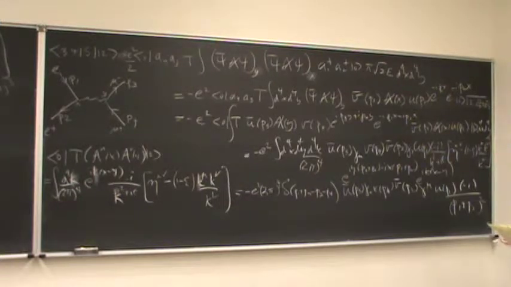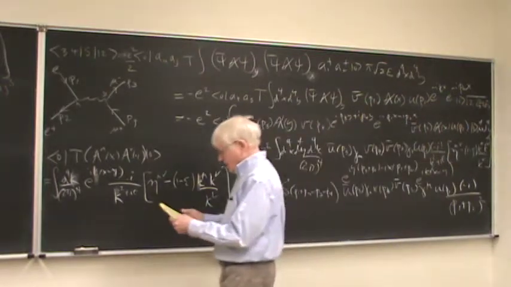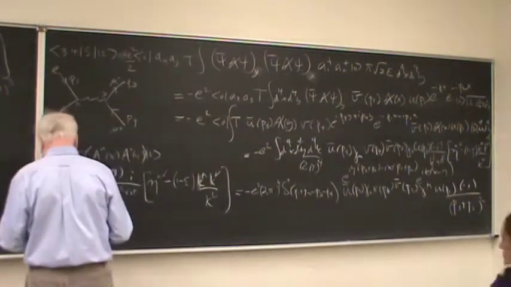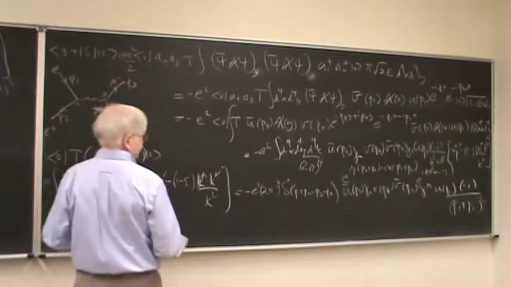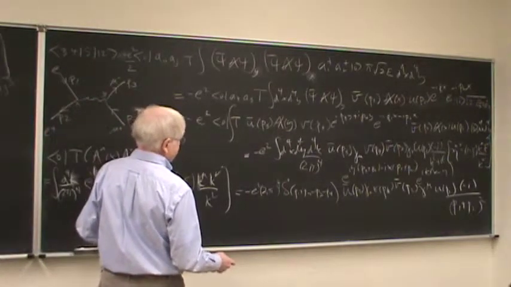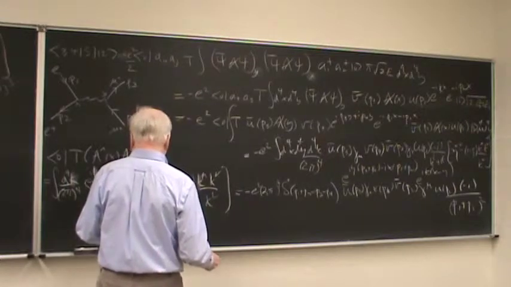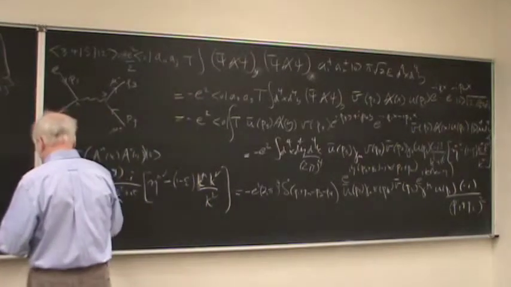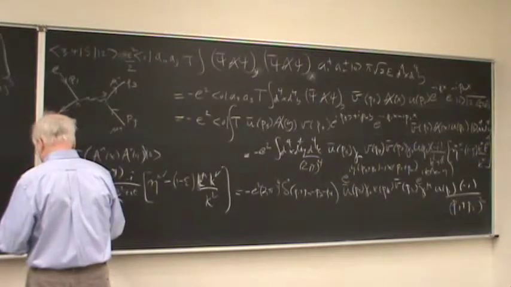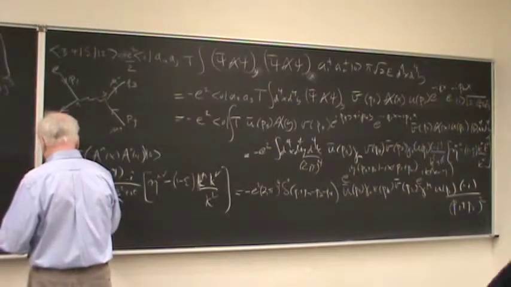In other words, this propagator, minus i over p1 plus p2 squared, really has all of this stuff in it. So let's see why those things are 0. For example, let's do one of them.